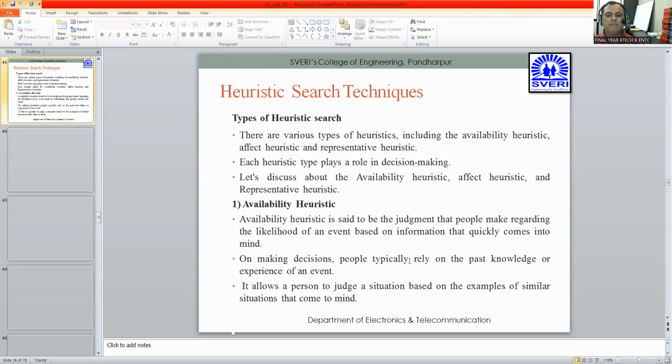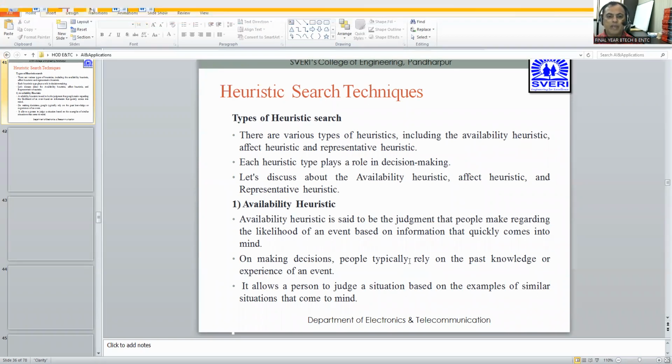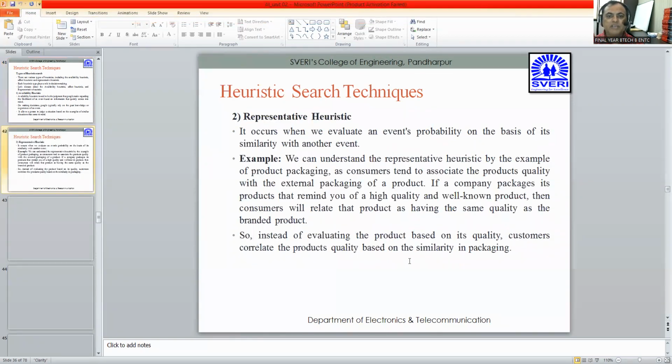If we consider the availability heuristic, this is the decision made on the past knowledge or experience of an event. It allows a person to judge a situation based on the example of a similar situation that comes to mind.